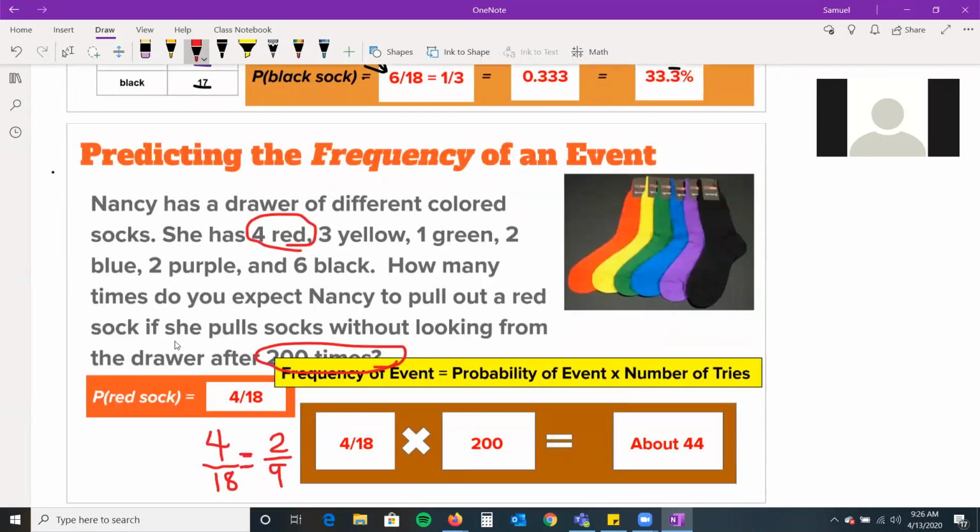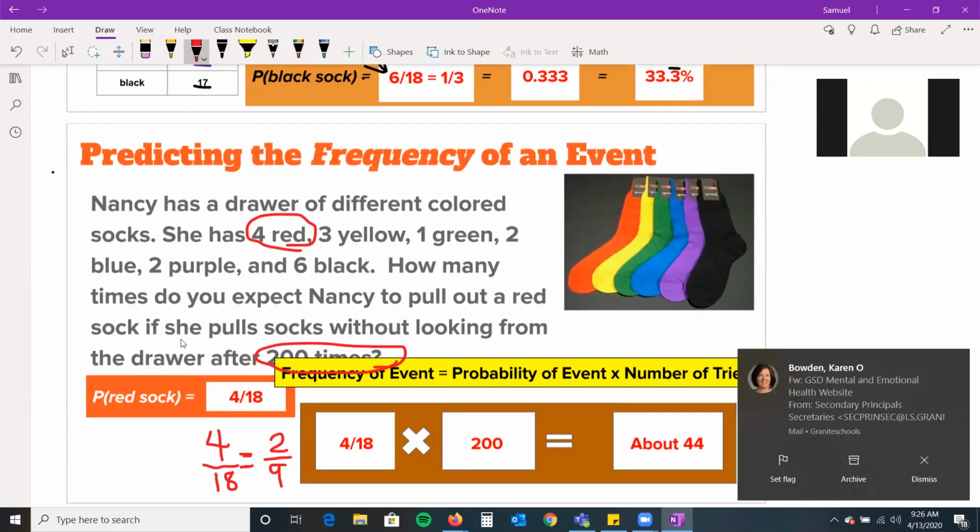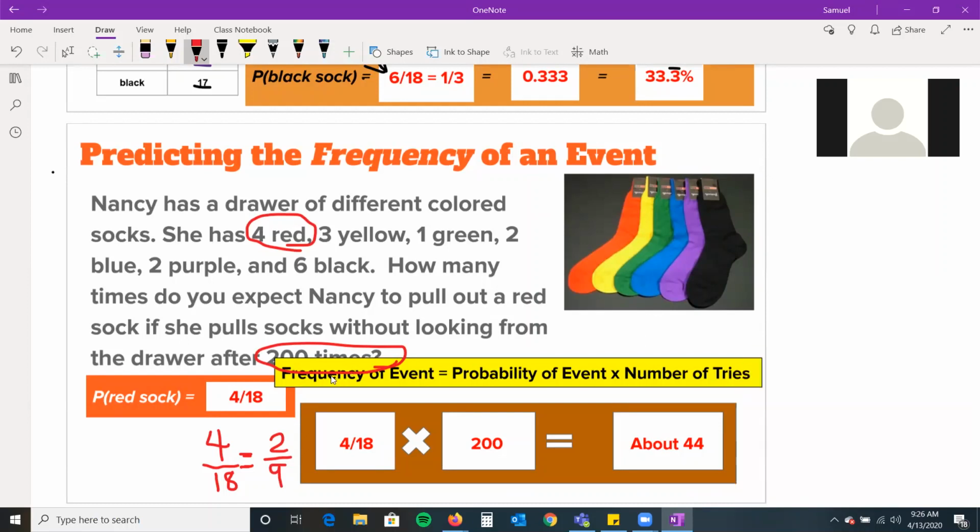She drew 200 times. We have no idea what the results were. But then on the next draw, we're trying to predict what the results would be of getting the red sock during these 200 times.